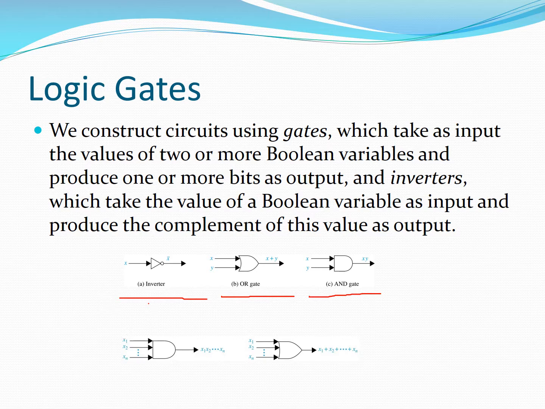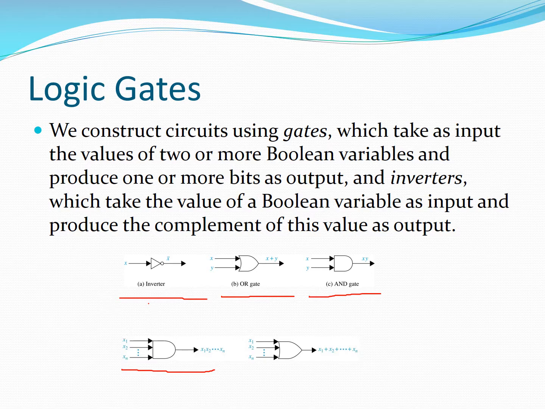It takes two inputs and produces an output which is representative of our Boolean function product. It's also representative of the AND function from propositional logic, and that's why it's called the AND gate. Like I said before, you can have these gates take any number of inputs.